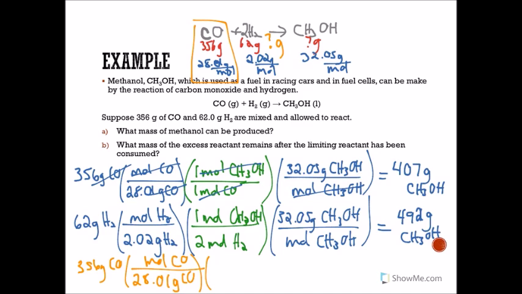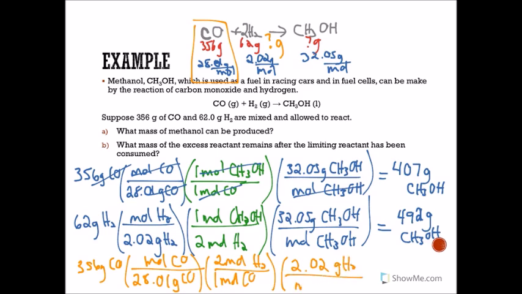So again, we go through. We convert to moles. We use our molar ratio. We have 1 mole of carbon monoxide and 2 moles of hydrogen. And then now we have to figure out how much hydrogen we actually needed in grams.